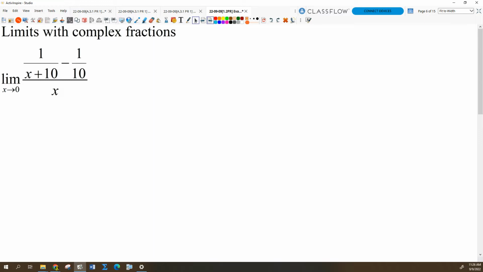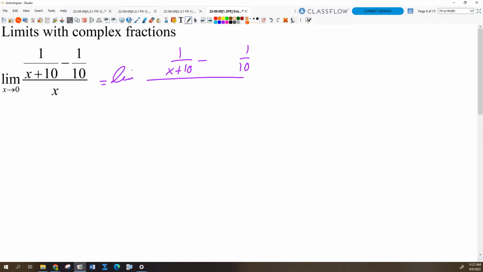So if I'm going to do that, on the top, how would I simplify the top? When I'm adding or subtracting fractions, what do I have to do? Common denominator, right? So then I'm going to have the limit of 1 over x plus 10 times what?